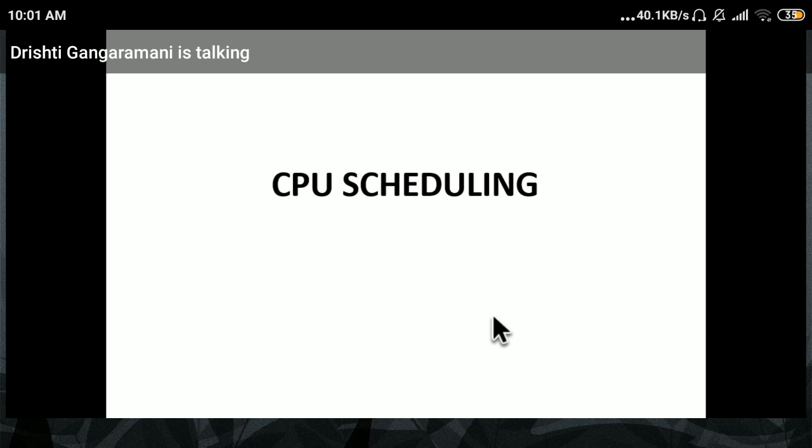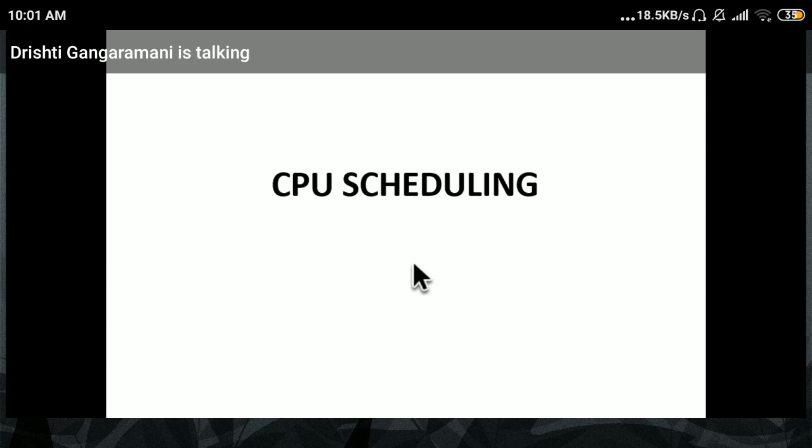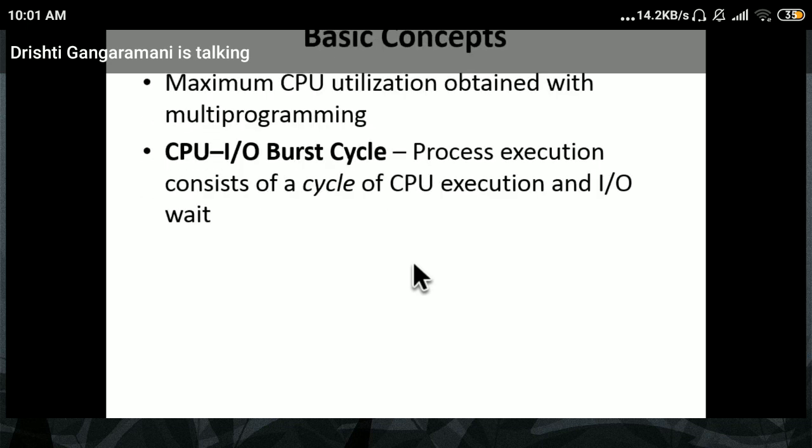No doubt in numericals, FCFS, round robin, the concept of preemptive and non-preemptive? Okay, so I hope everything is clear.